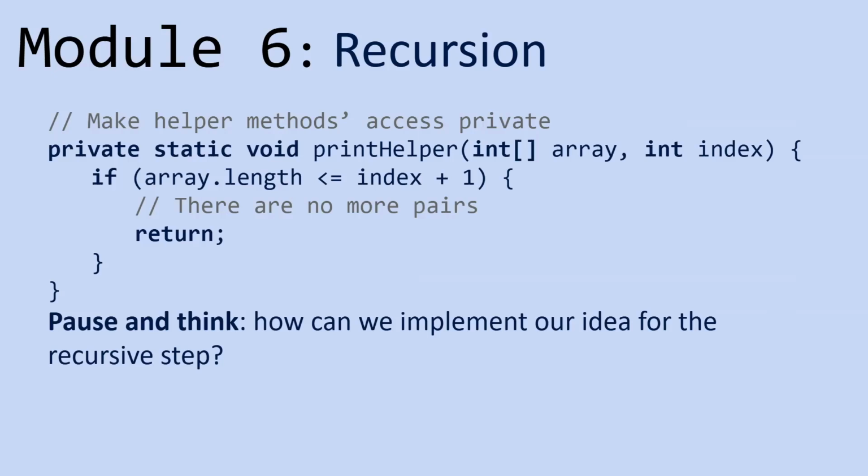So say if index plus one is equal to array.length minus one, and before we return, we just print index and index plus one. That would work. But this is just how I chose to write it because it makes more sense to me.